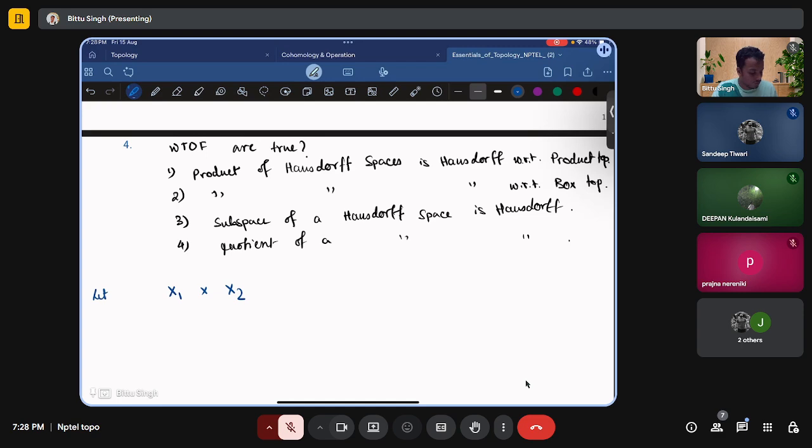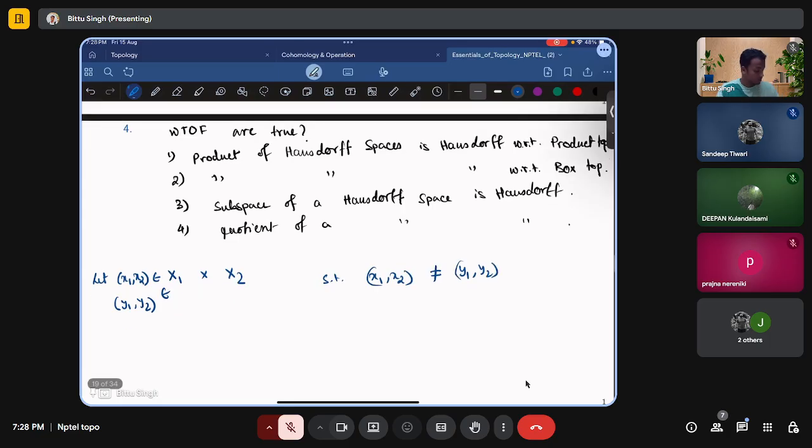Let two points (x1, x2) and another point (y1, y2) belong to this product, such that those two are different: (x1, x2) is not equal to (y1, y2).